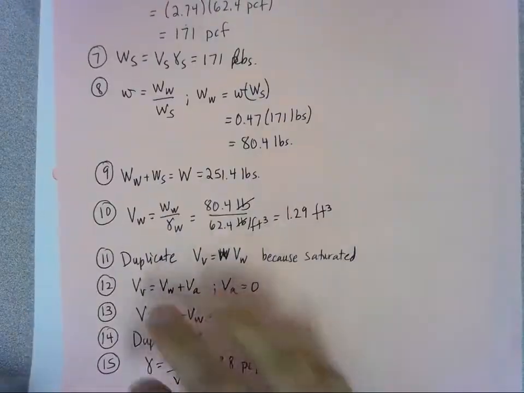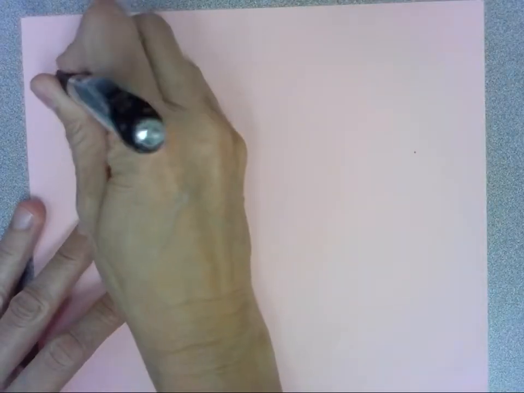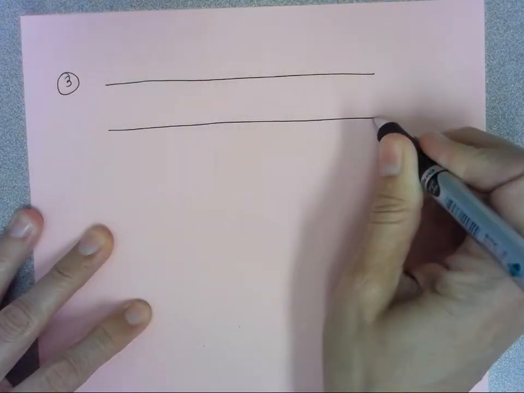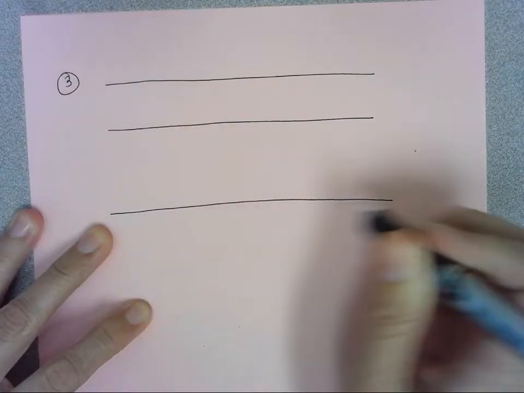So I'm going to put this stuff to the side and try to draw a profile of what this problem is asking me, because now I'm ready to think about my vertical effective stress. So remember, it's a surface of a saturated clay deposited below a body of water, below a lake. So I'm going to put my lake up here and put my clay down here.